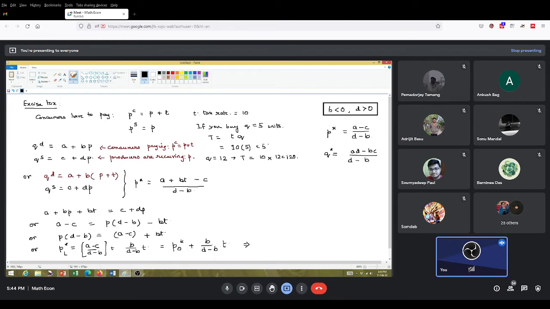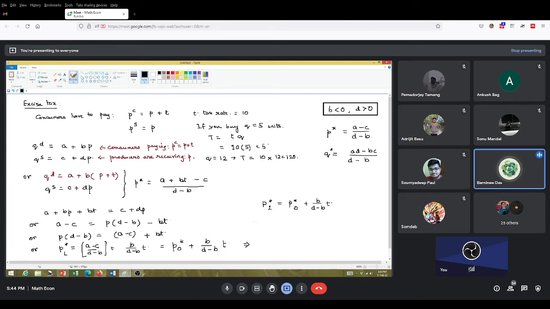But now what I want to ask is that given P star 1 and P star 0, okay, two questions. What happens to price? Which price is greater, P0 or P1? And why?